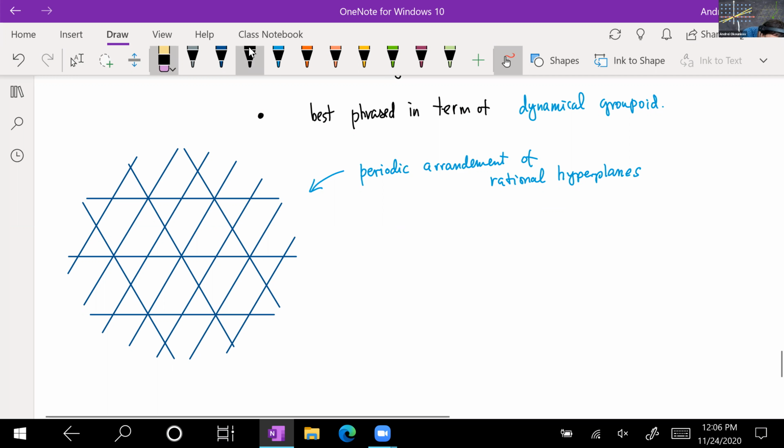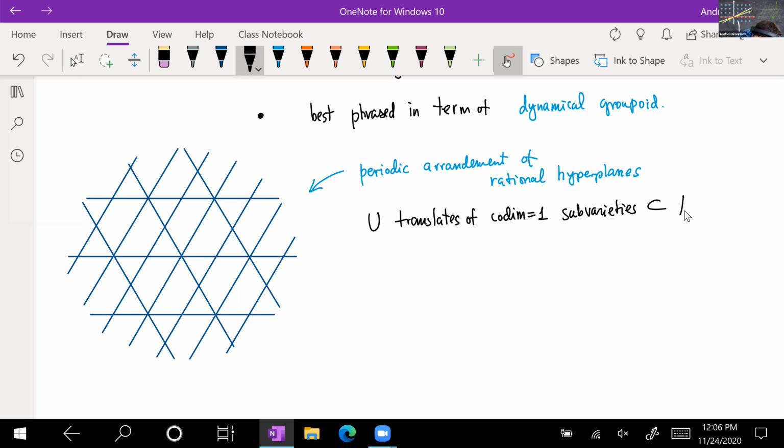It just says union of translates of codimension equal 1 subvarieties in an abelian variety.